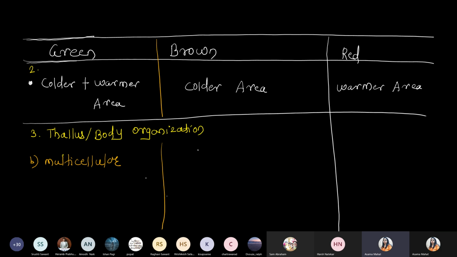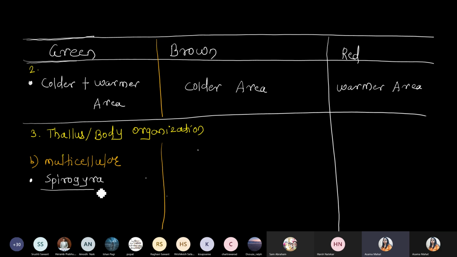So we are writing the example multicellular. In case of this multicellular, one example which comes under the green algae, that is Spirogyra. I hope you remember, we just discussed Spirogyra. Basically these are the freshwater green algae, Spirogyra.